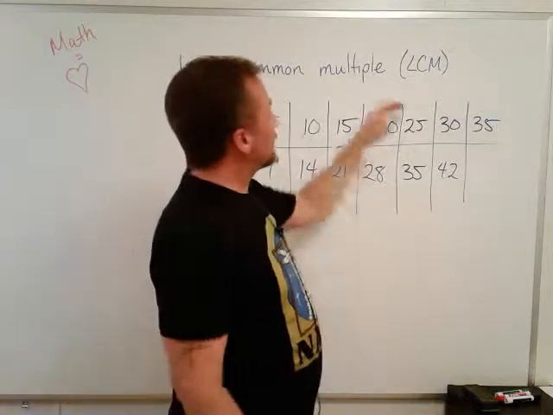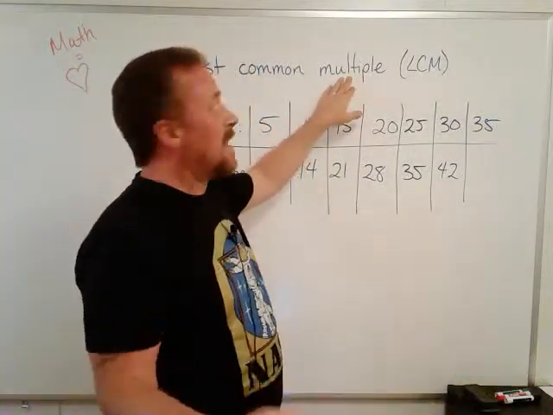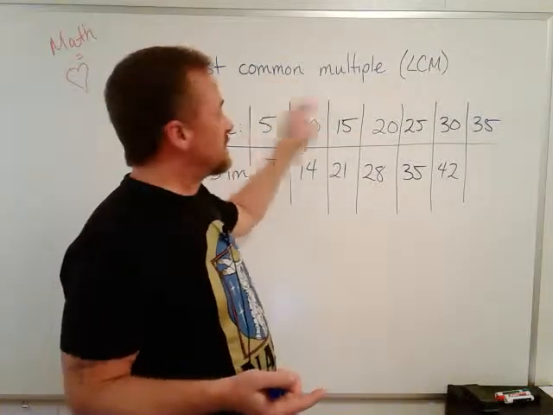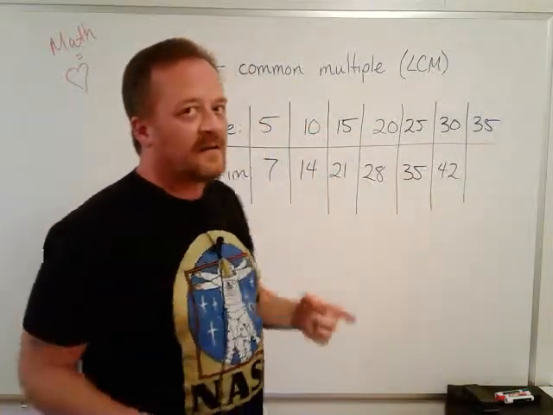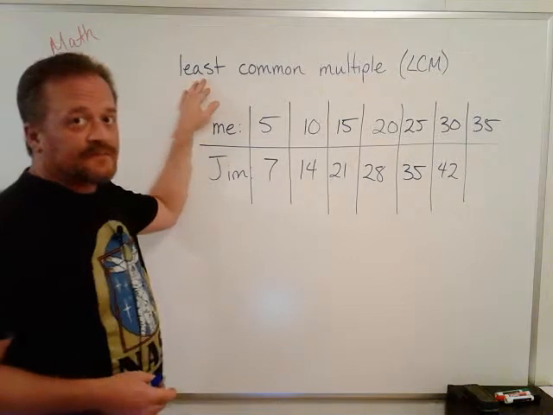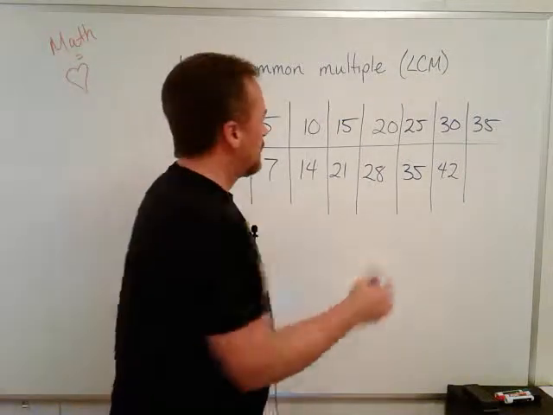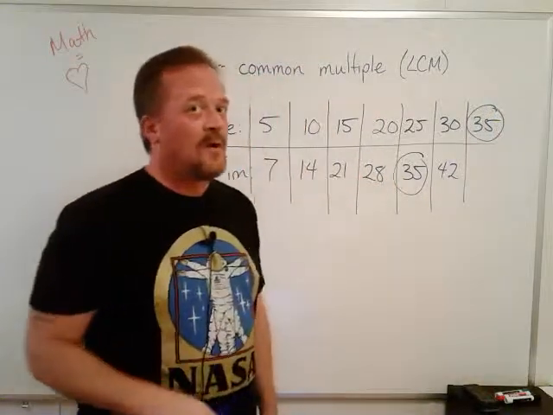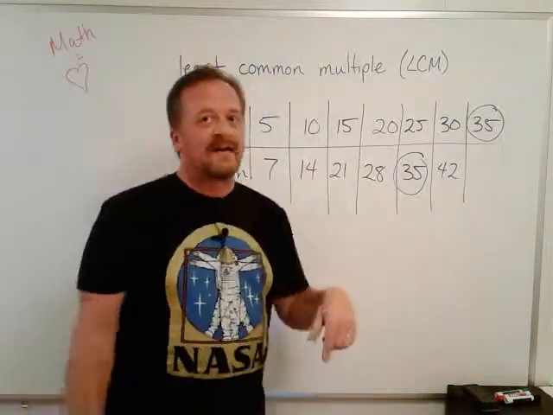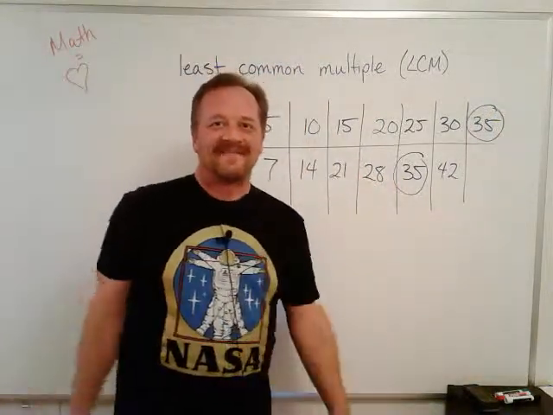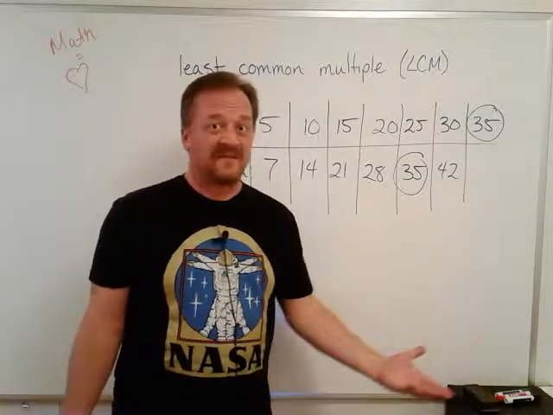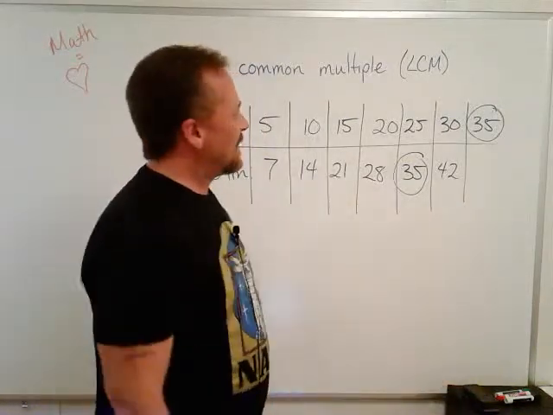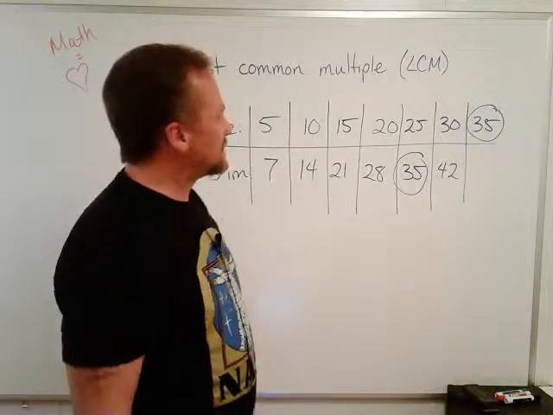Okay? So I listed the multiples for both me and Jim. I found a common one, which is 35. And as far as I can tell, that's the smallest. All right? So 35 days from now will be the first time that Jim and I see each other at the gym. A whole month and some days, but okay, that makes sense.